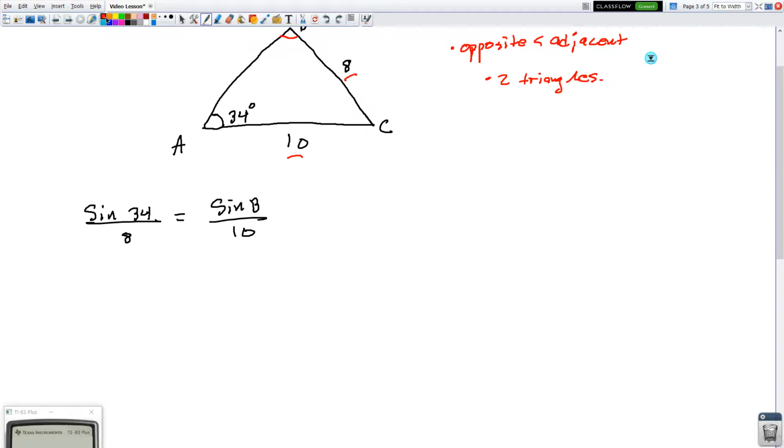To properly solve for B, we're going to get rid of the denominator. So let's multiply 10 to both sides. That way this cancels out. Now we're going to have 10 sine of 34 degrees divided by 8, and this is going to be equal to the sine of B. And notice that if we want to get B by itself, we need to multiply by the inverse on both sides.